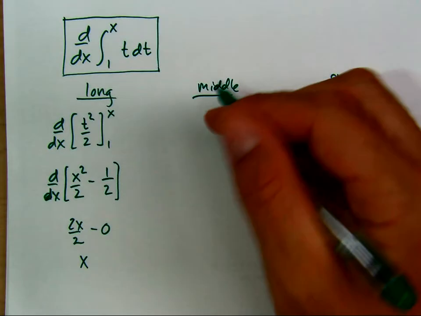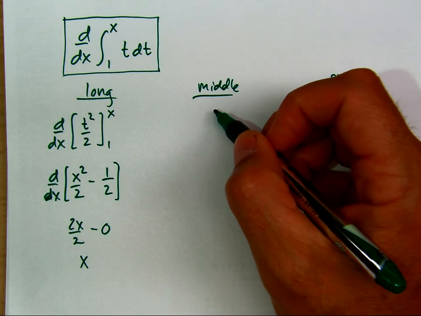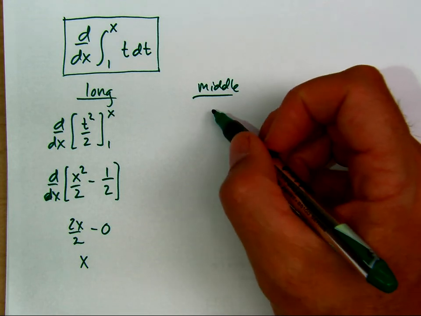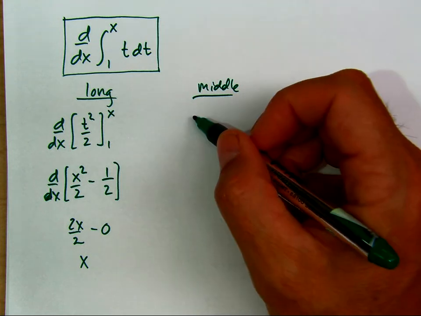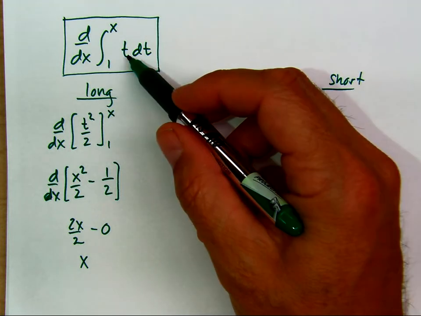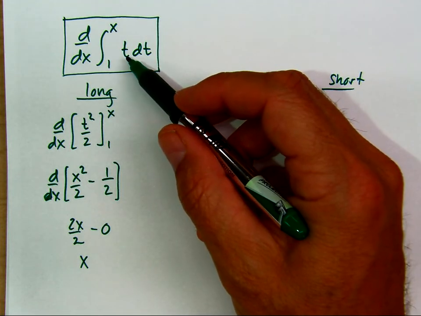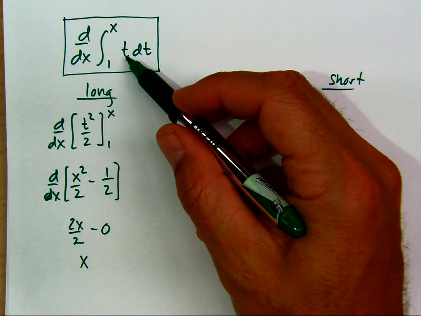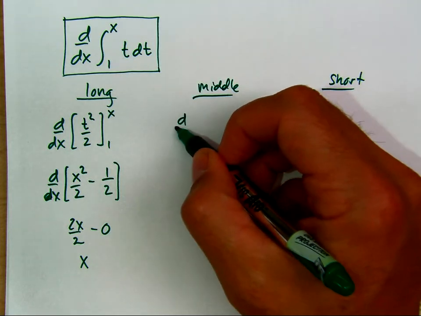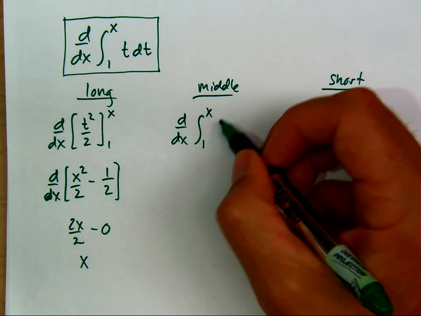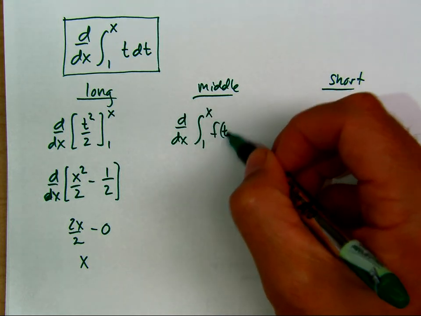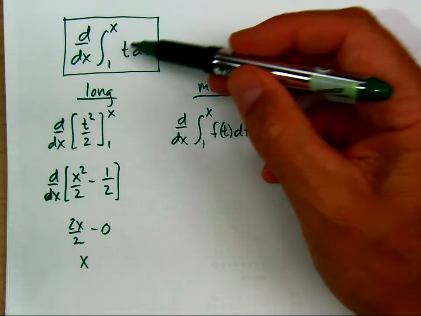And a little different notation. Maybe you'll say this is not actually shorter than this, but we're going to ignore whatever function this is and just call it f. So we have the derivative of the integral from 1 to x of f of t dt. It doesn't matter what this is.